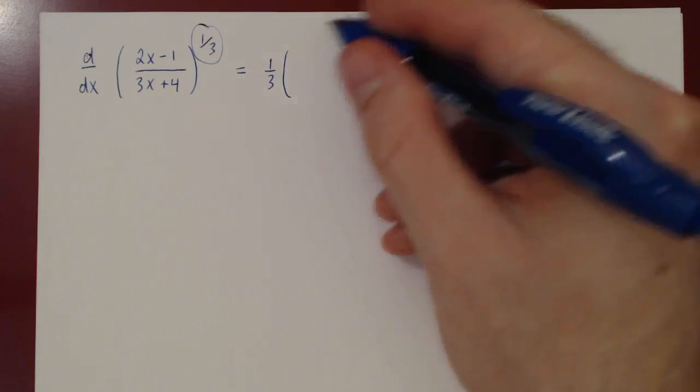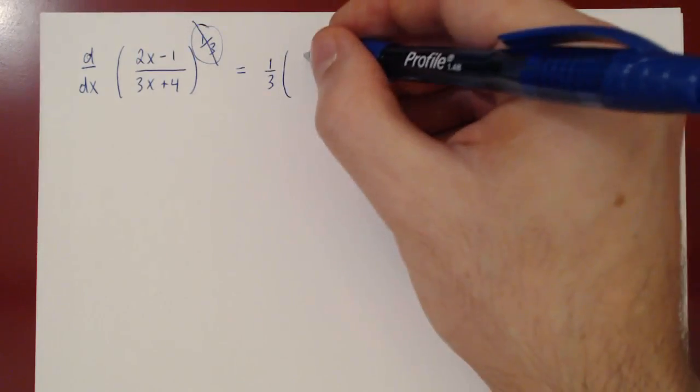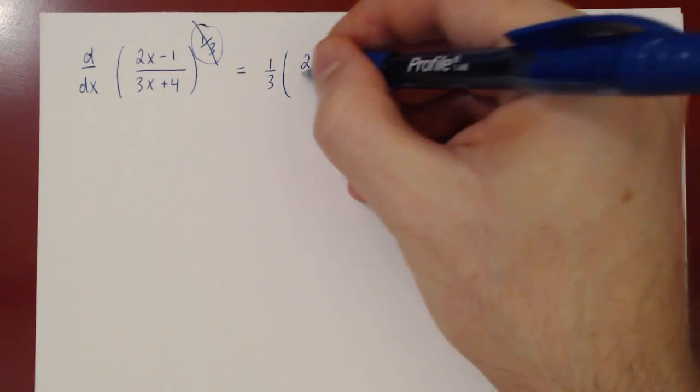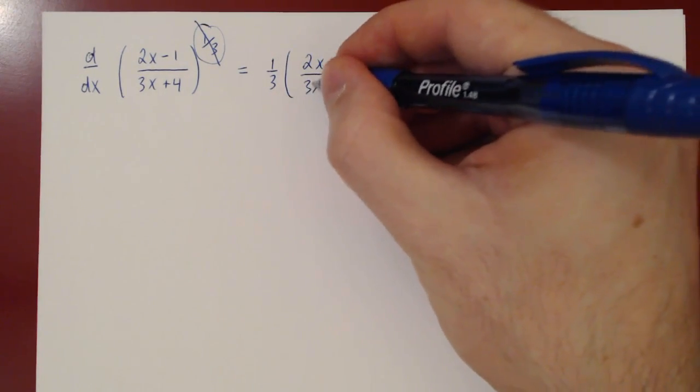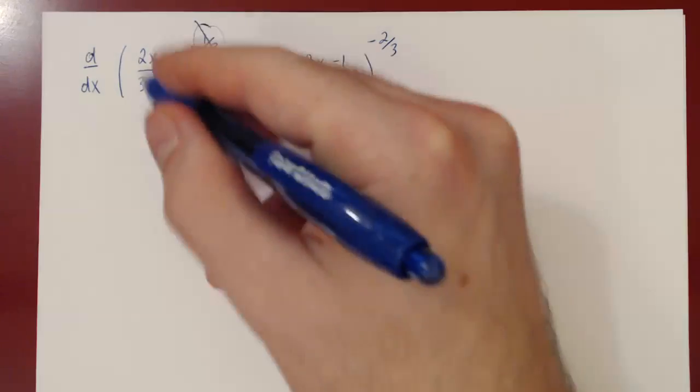And it is the derivative of the outside function at what's inside, 2x minus 1 over 3x plus 4. But there's still something left over.